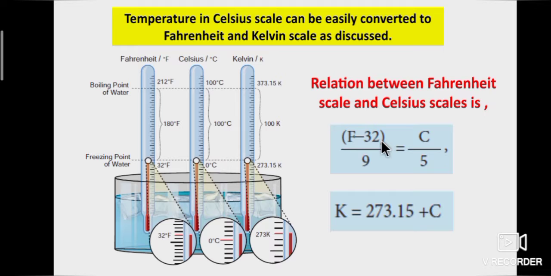F minus 32 divided by 9 is equal to C divided by 5, where F is Fahrenheit. Then Kelvin, K is equal to 273.15 plus C, that is Celsius.